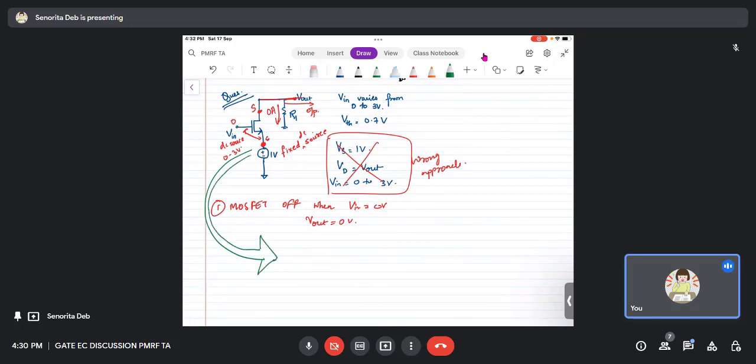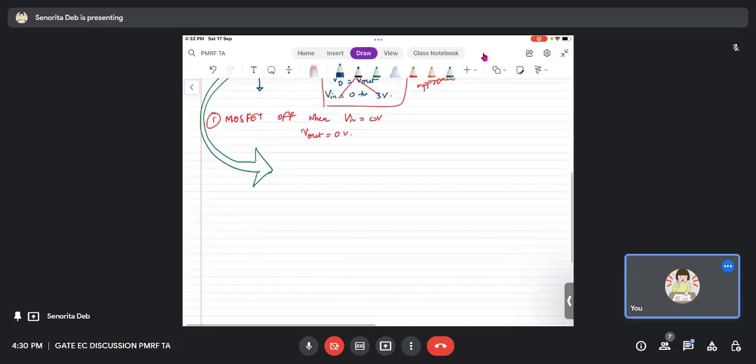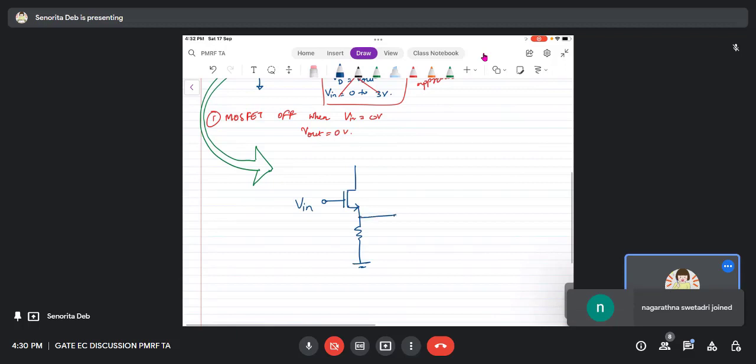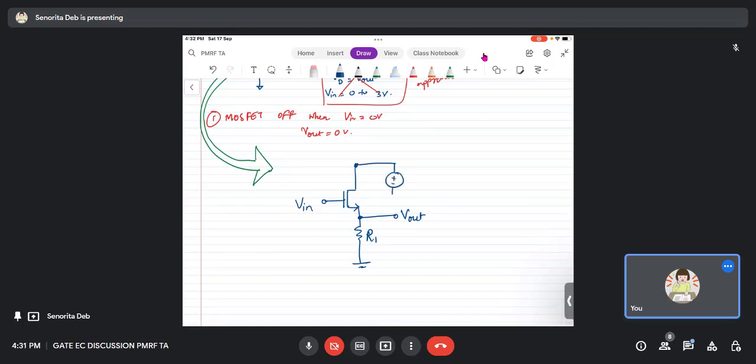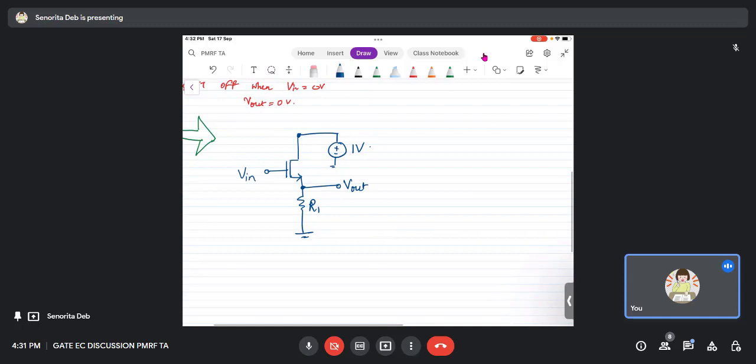So the MOSFET can now be redrawn like this. Now this seems easy enough. If you see this you will say okay, I know this structure.